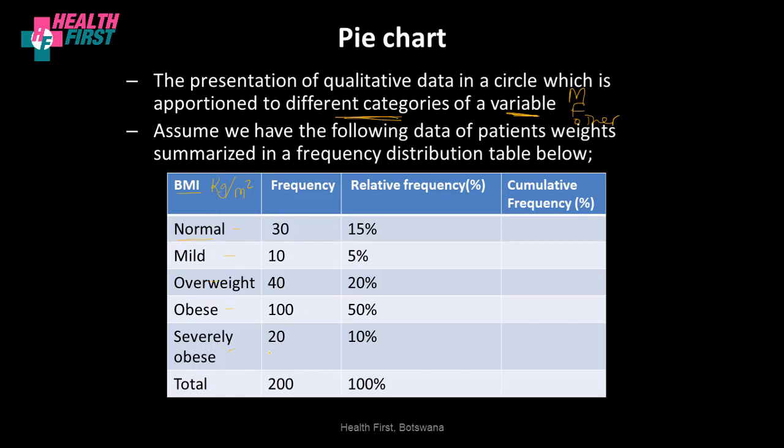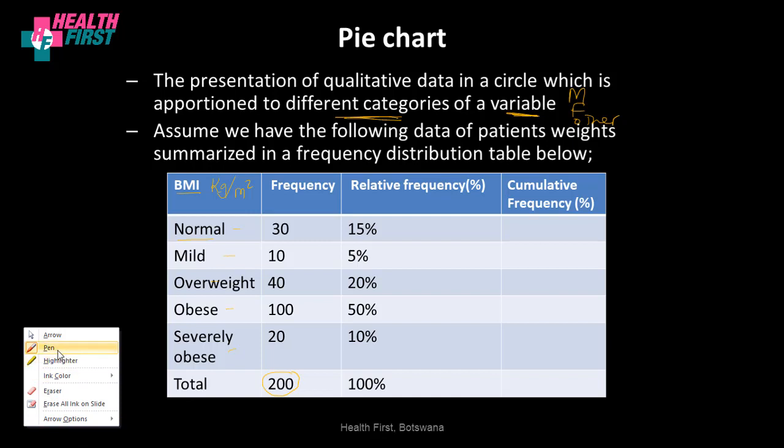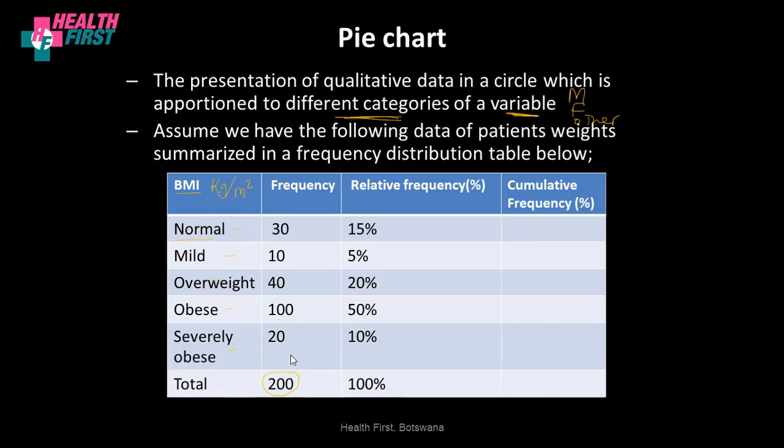So basically what this table is telling us is we have 200 individuals in that distribution, or in this study. Those with normal weight are 30, mild 10, overweight 40, obese 100, and severely obese 20, for a total of 200.